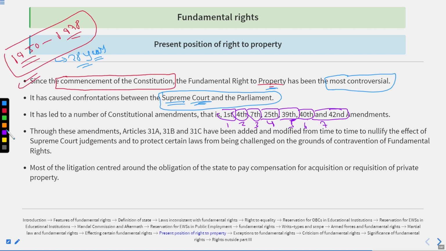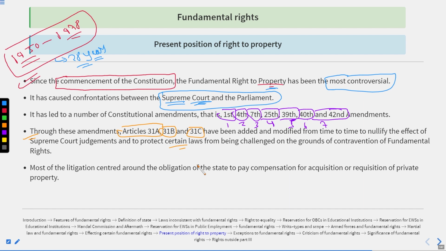Through these amendments, Articles 31A, 31B, and 31C have been added and modified from time to time to nullify the effect of Supreme Court judgments and protect certain laws from being challenged on the grounds of contravention of fundamental rights.